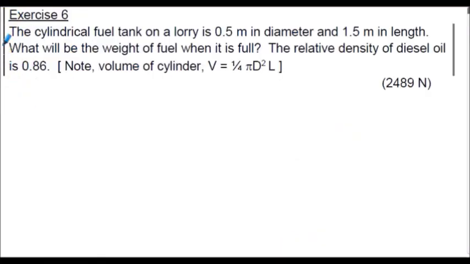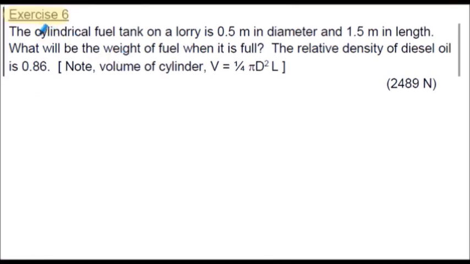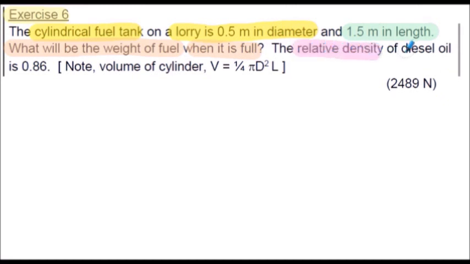Let's consider exercise 6. The cylindrical fuel tank on a lorry is 0.5 meters in diameter and has a length of 1.5 meters. What will be the weight of the fuel when it's full? We're given the relative density of diesel oil is 0.86.